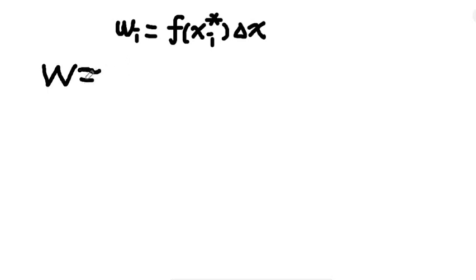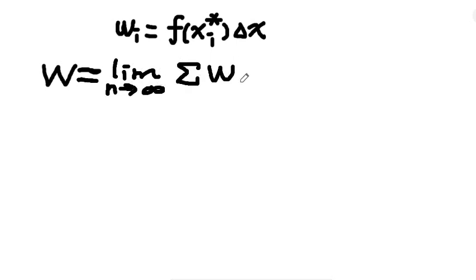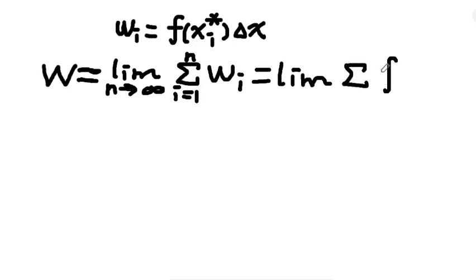It can be defined in this way: the limit of the Riemann sum as n approaches infinity of all the works Wi, you add all the works together. So that is the limit of the Riemann sum of f(xi star) times delta x, i from 1 to n, as n approaches infinity.